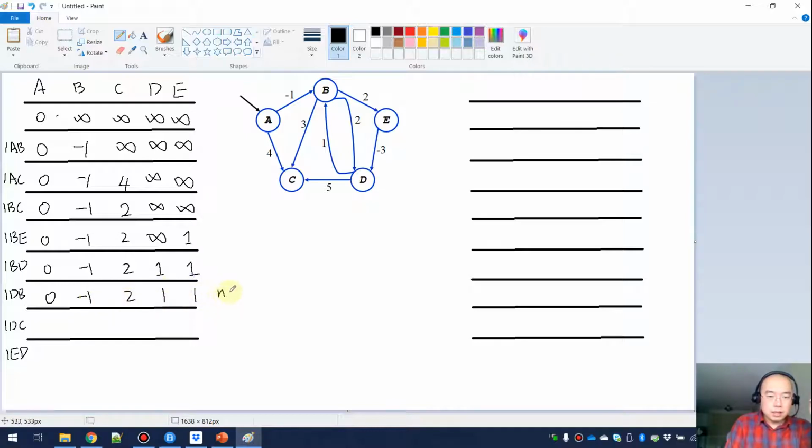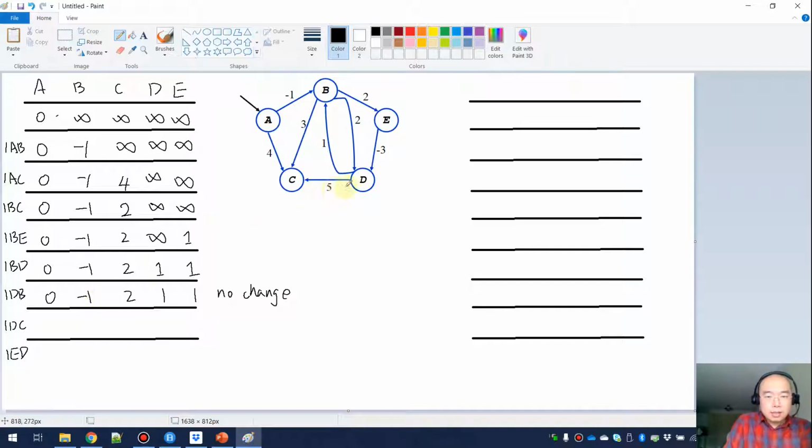We don't want to relax that, because this would bring up the cost of getting to B from -1 to 2, so we don't want to do that.